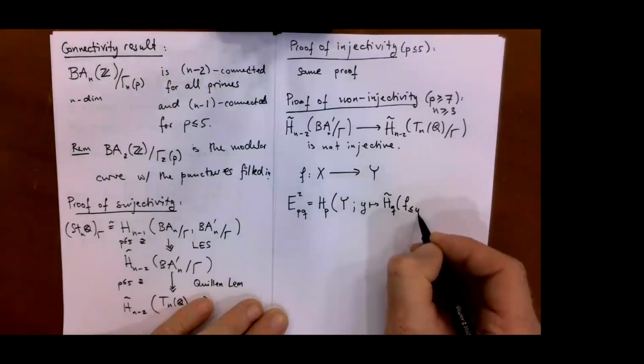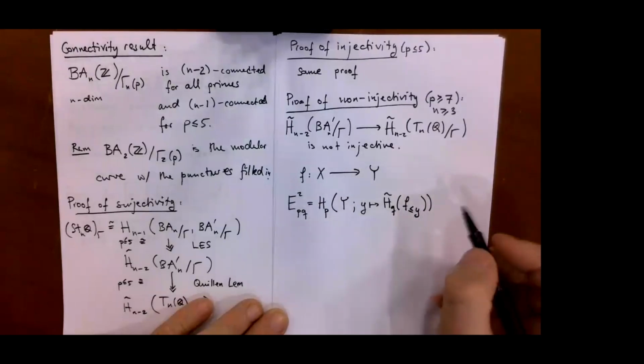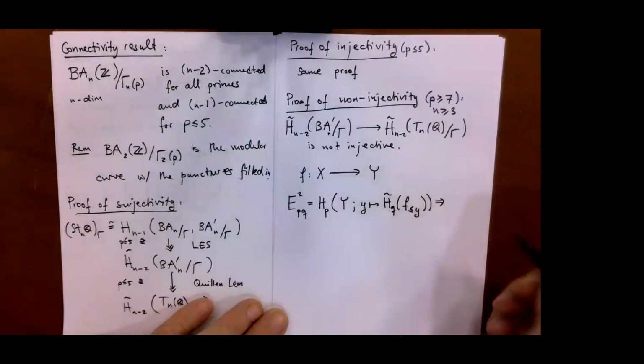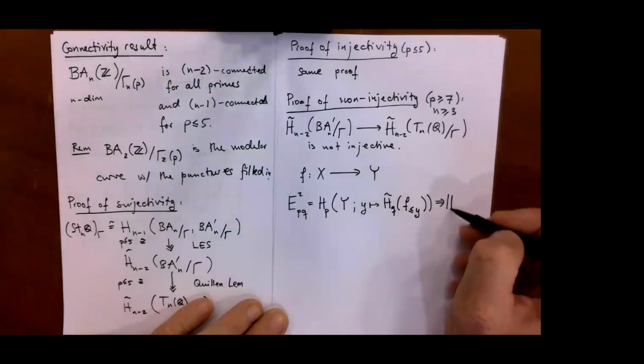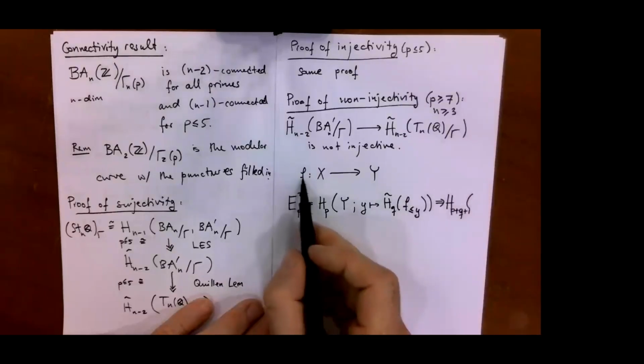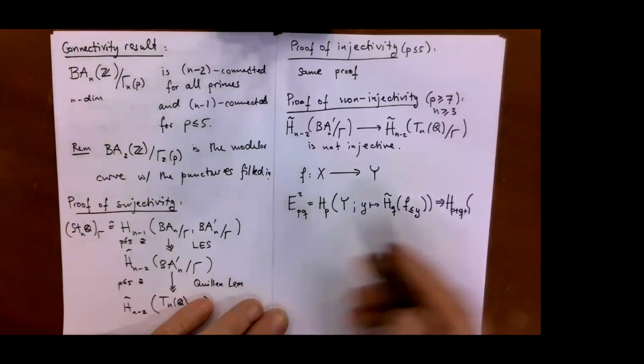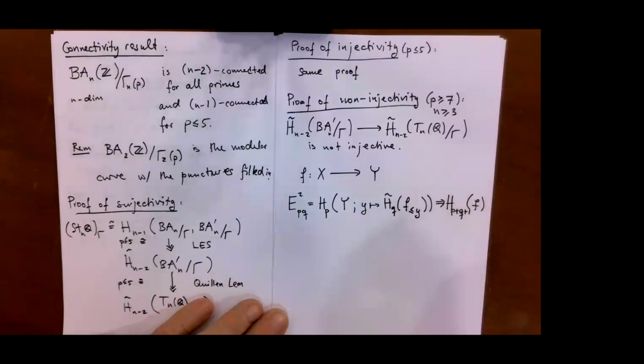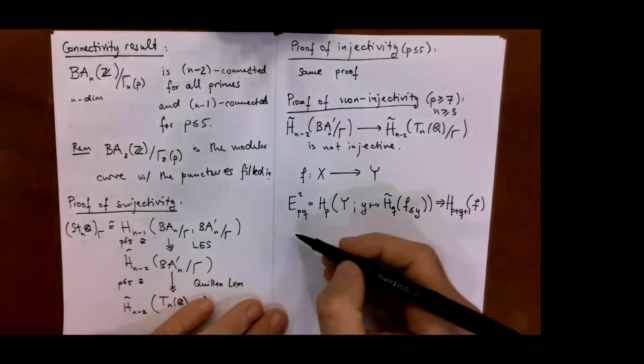And then this spectral sequence converges to the relative homology of this map, or the mapping cone of this map. Okay? No, not okay, but so what does this mean?